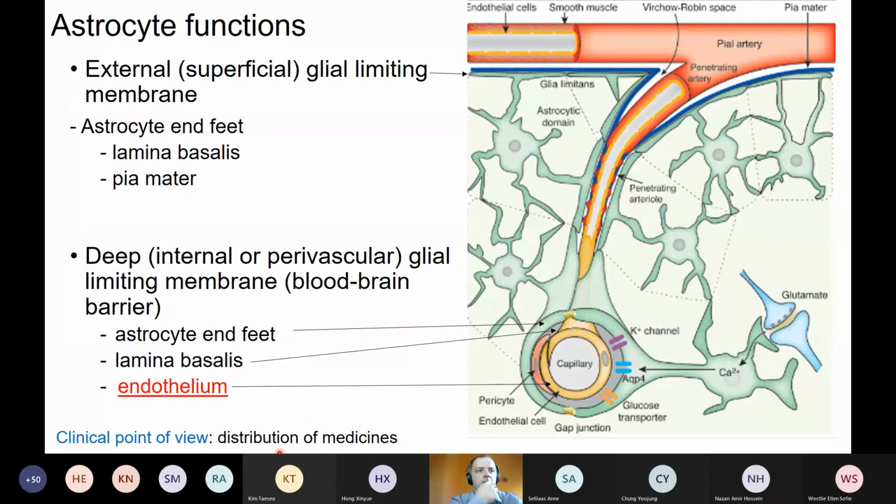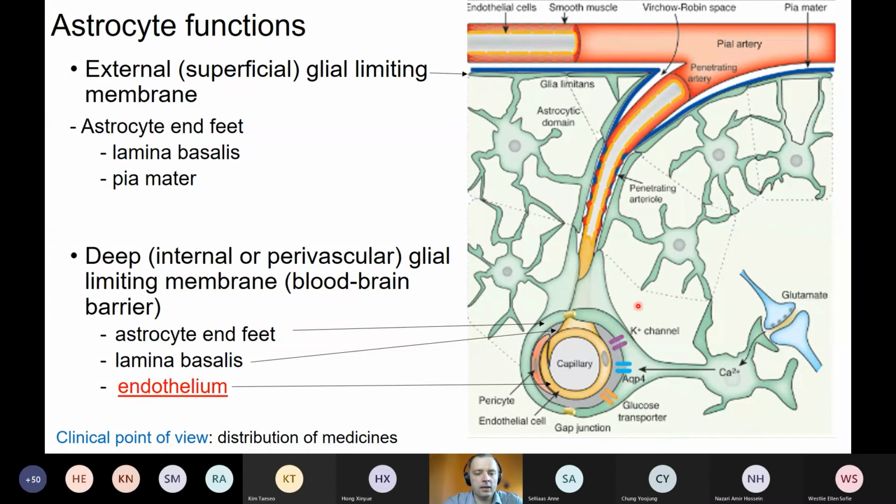So if you want to influence the brain's function with medicines, for example, you have to create a molecule that can pass through this barrier in order to enter the brain.